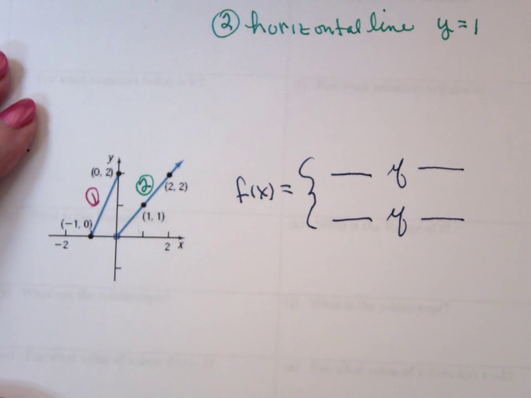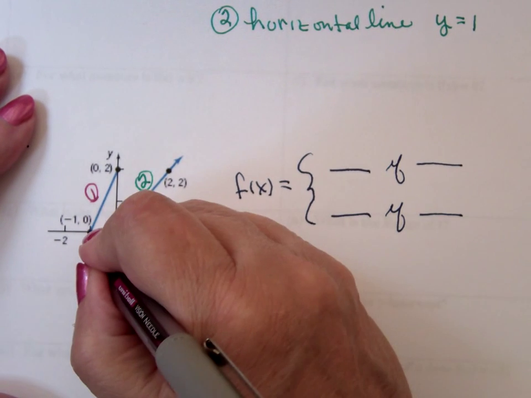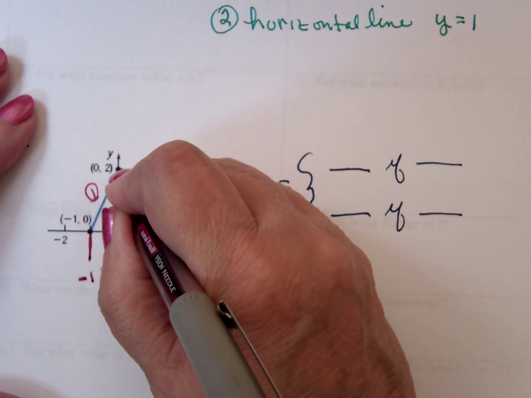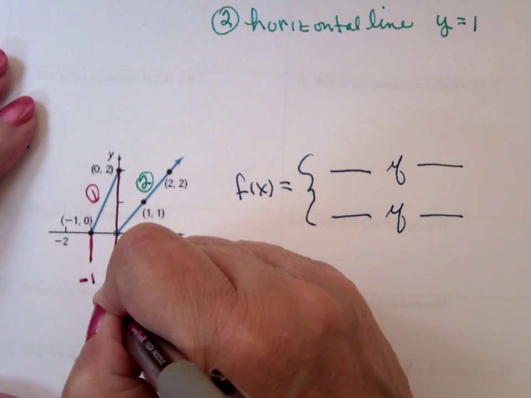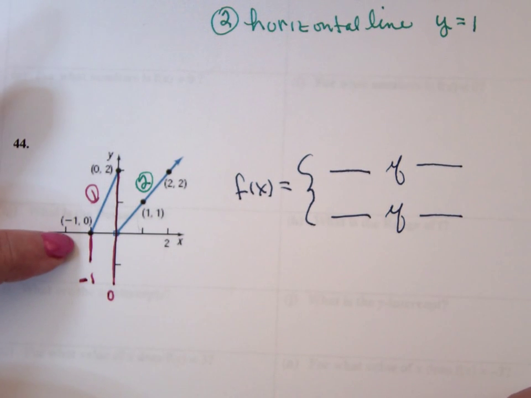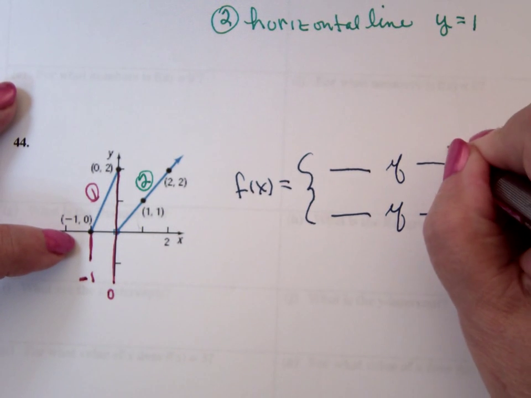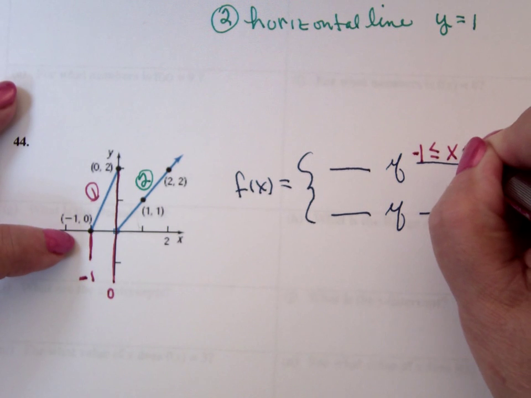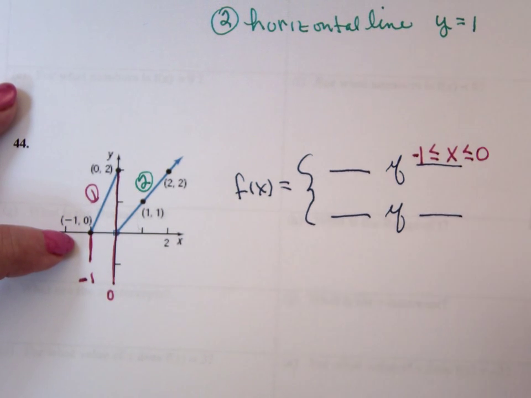Now, the first domain starts at -1 and stops at 0. Solid dot both ends, which means it includes -1 and 0. So that says if x is greater than or equal to -1, but less than or equal to 0.